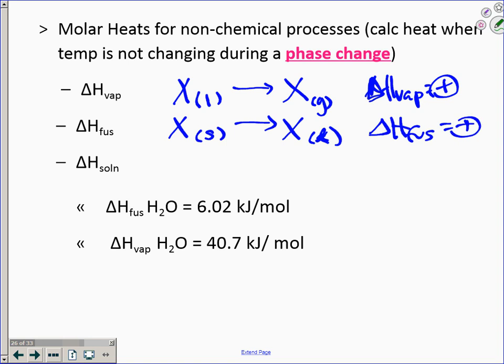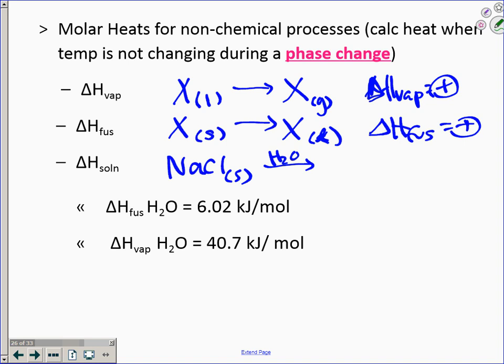And then delta H solution, which is what we'll do in our lab, is us taking a substance, let's do sodium chloride in its solid phase. We're going to put it in water, but I'm not going to show it reacting with water, because is this a reaction? Adding sodium chloride to water will just make sodium chloride dissolve, right? It's going to break into two ions. I don't want to show it reacting with water, because that would be hydrolysis of a salt, which would yield an acid and a base.